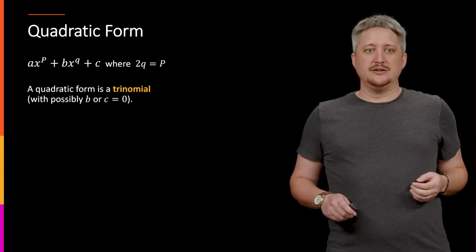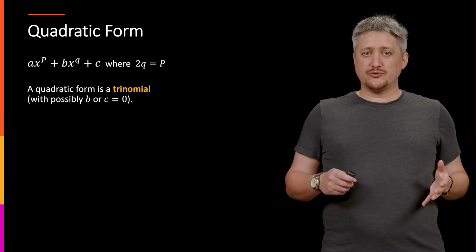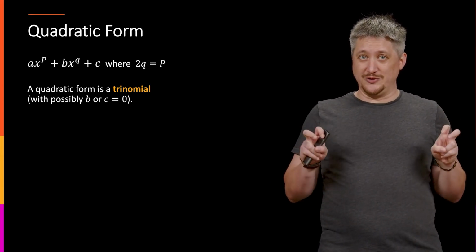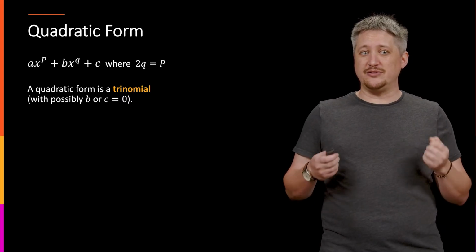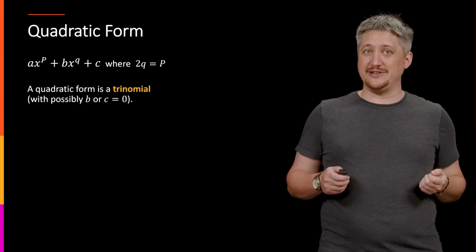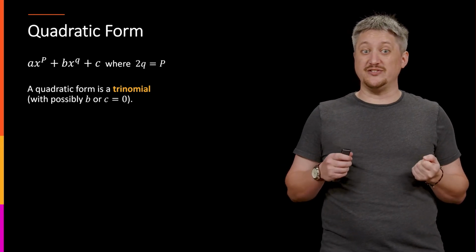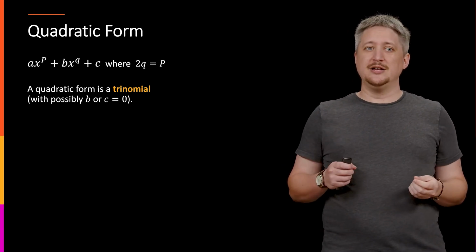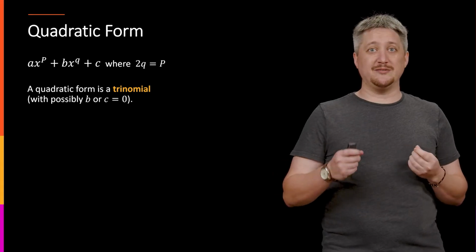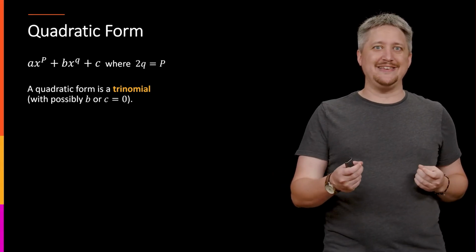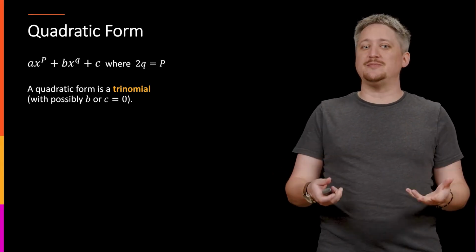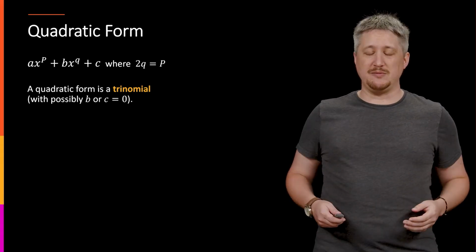In particular, quadratic form is a "trinomial." I'm putting that in quotes because really all we care about is the leading term. The second and third terms could have coefficient 0, so they may or may not be there. But we will probably end up putting them back, even with a coefficient of 0, to force it to be a trinomial. Again, we'll see what I mean by that in a second.